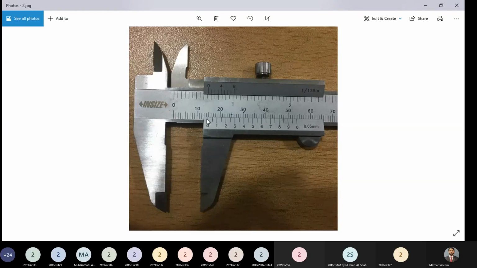And how to read the vernier scale reading? For that we need to see which division of the vernier scale is coinciding with any division of the main scale. Starting from 0, we'll keep on looking at which division of the vernier scale is coinciding with any division of the main scale.